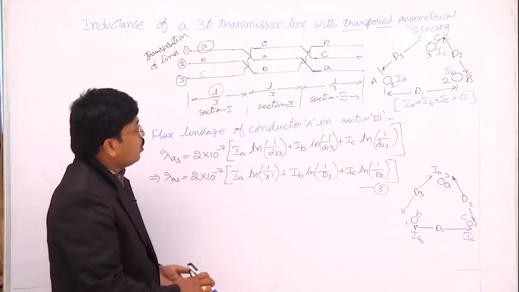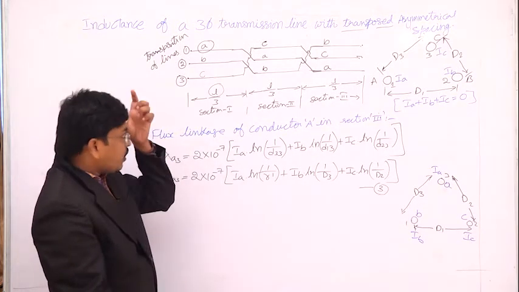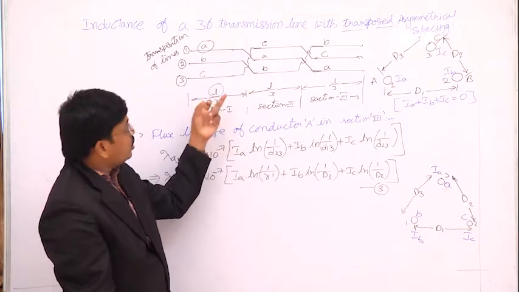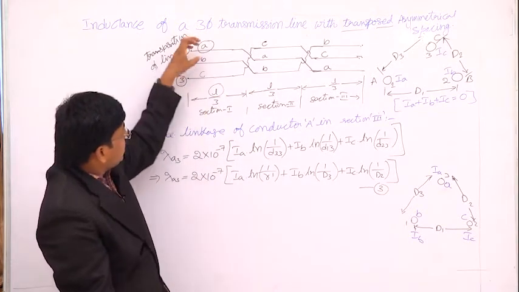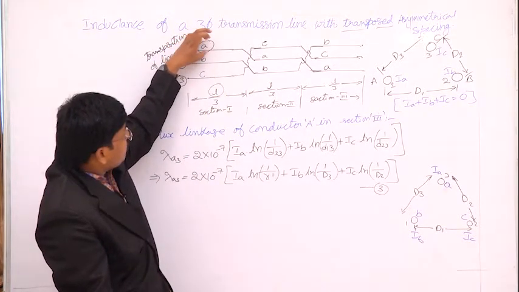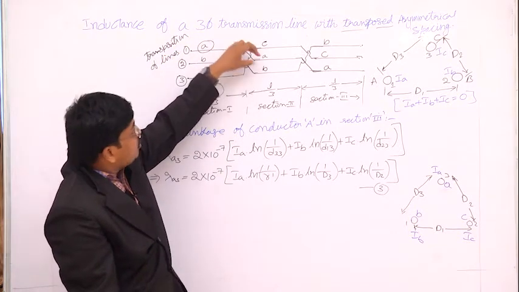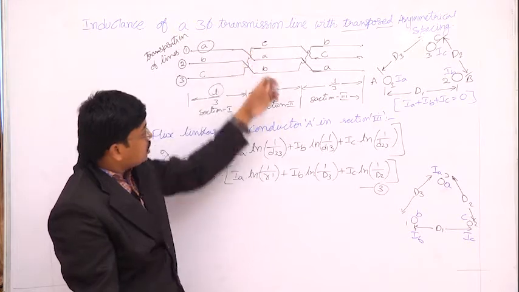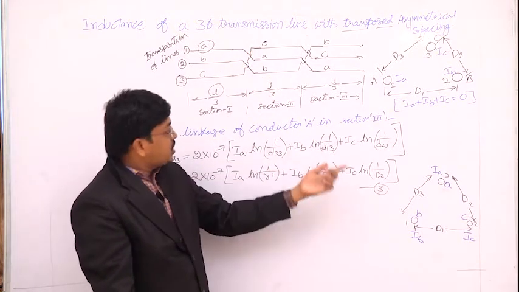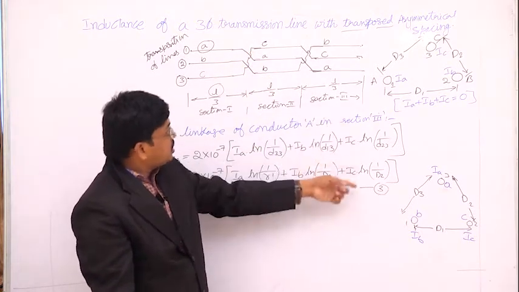Now we have to calculate the entire, total flux linkage. The flux linkage of conductor A has one value in section 1, another value in section 2, and another value in section 3, equation 3.